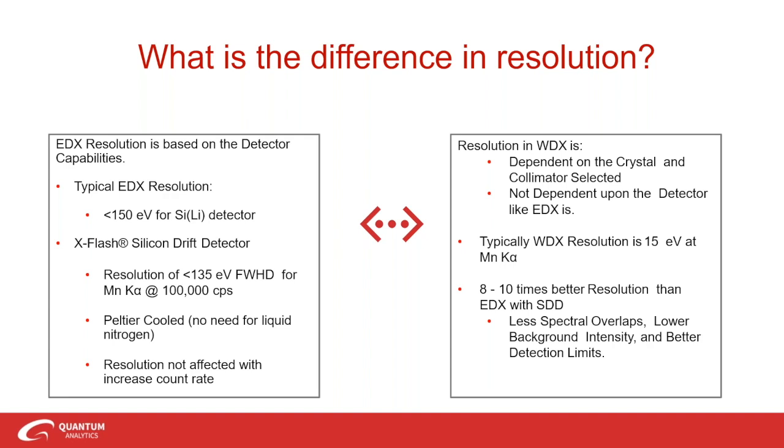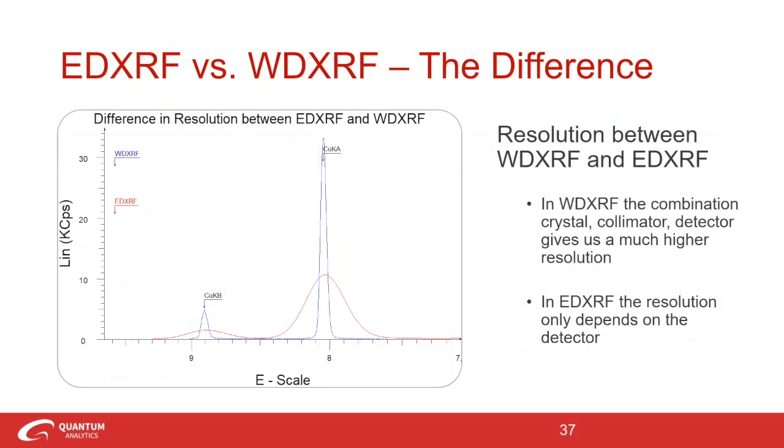Okay, so it's a lot of words. Let's look at that from a practical perspective. You see the difference here in resolution of copper. If you look, you get better resolution with WD versus ED.